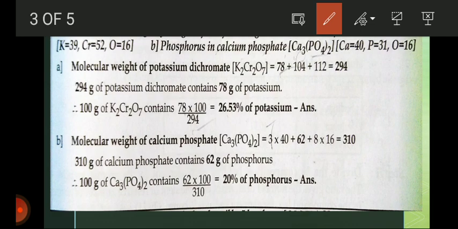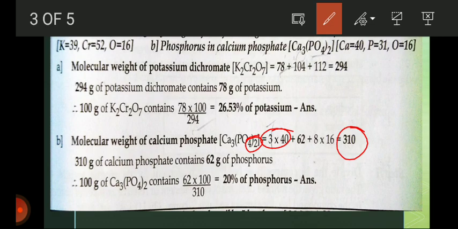In calcium phosphate, how many calciums are present? 3 atoms of calcium, so 3 into 40. Then phosphorus, 31. Then oxygen will be 4 twos are 8, that means a total of 8 atoms of oxygen, so 8 into 16. If you add all of them, you will get 310.